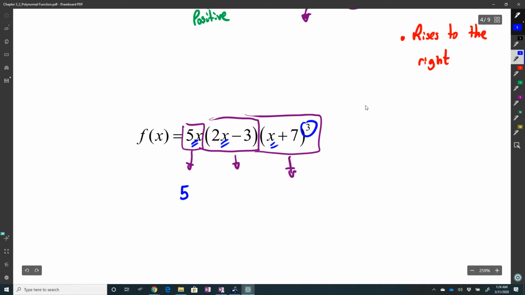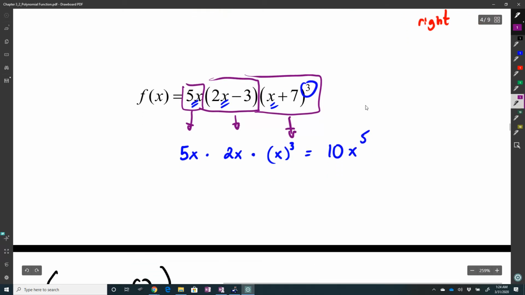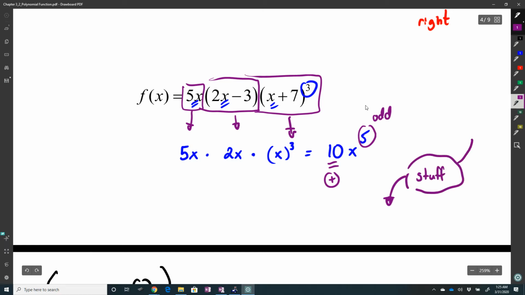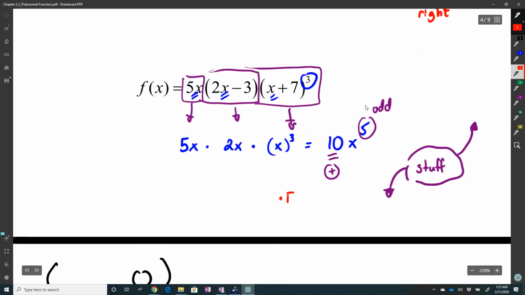So it's going to be 5x times 2x times x, which happens 3 times. So that's 10x to the 5th. This is positive. This is odd. So I know that my graph is going to look like that, which again, you would say falls to the left, rises to the right.